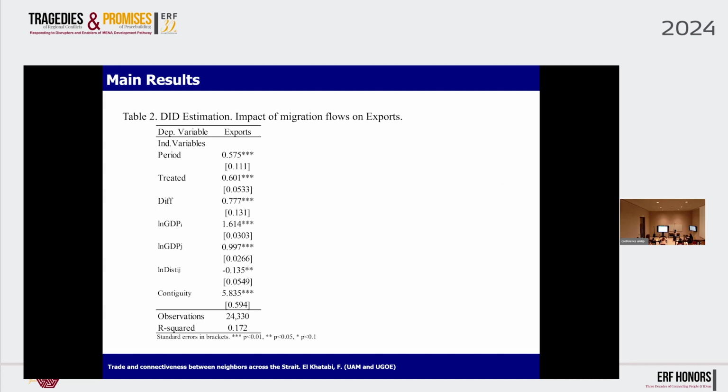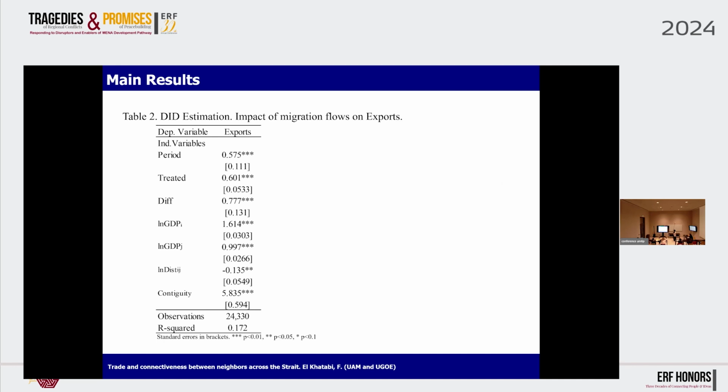This is to see how the treatment group compares with the control group, and we can see that the variable is also positive and significant.